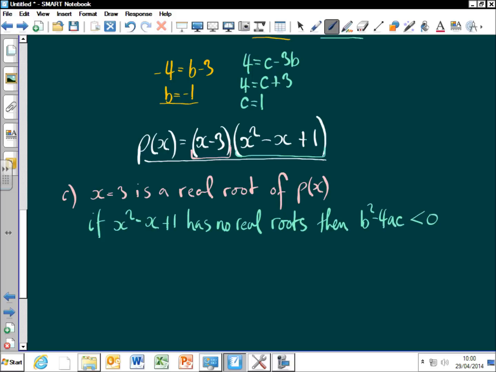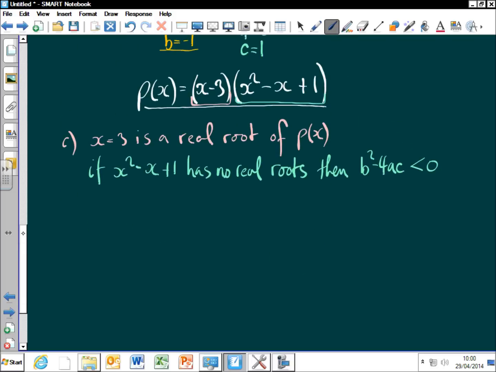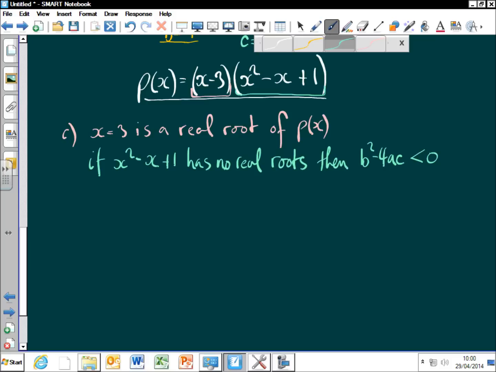Okay, so in this case we write down the values of a, b and c. In this case a is equal to 1 because it's 1 squared, b is equal to negative 1, and c is equal to 1.